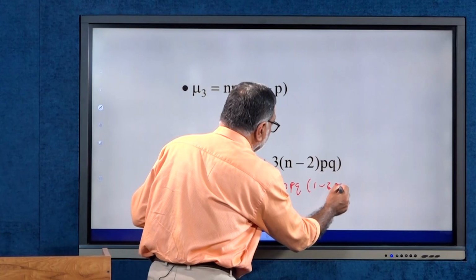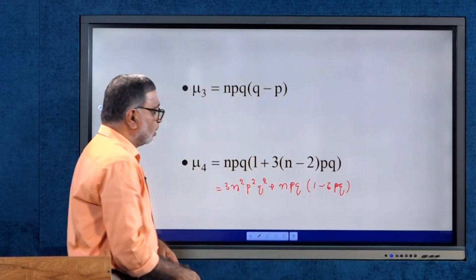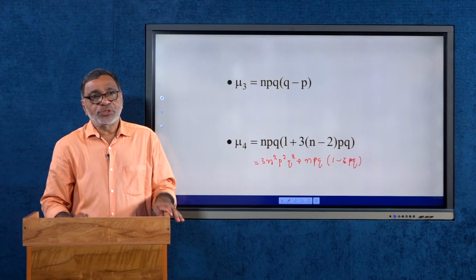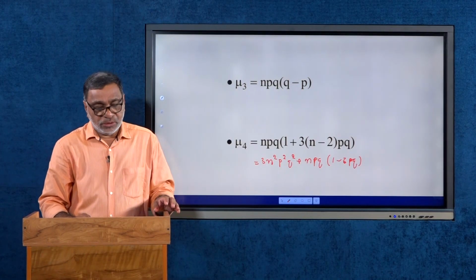This way also we can write this expression. So, these are the first 4 central moments of the binomial distribution.